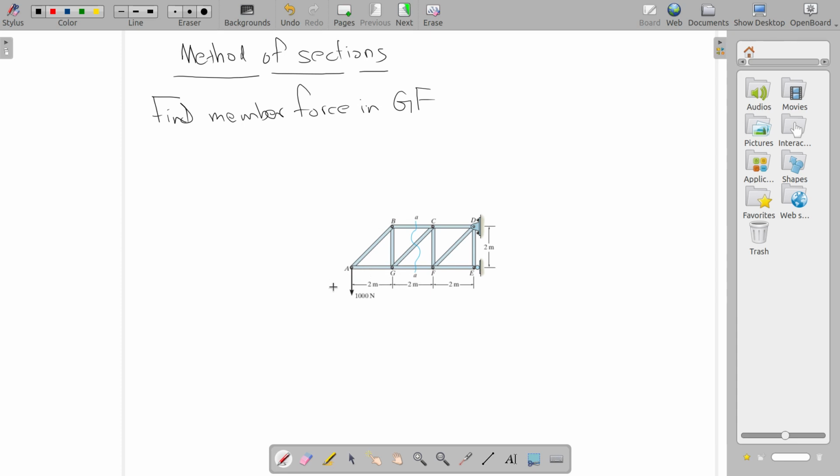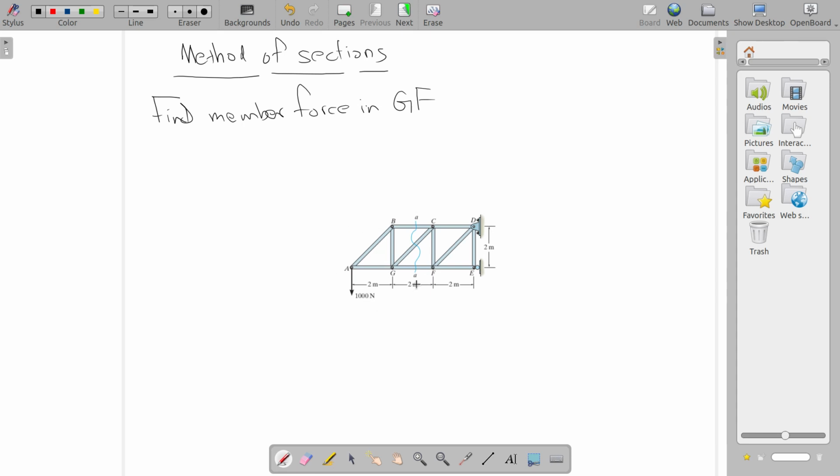If a whole structure is in equilibrium, each part of the structure should also be in equilibrium, if we section the structure in such a way that we also consider the internal forces where we section. So the idea here is that earlier we used to consider equilibrium of each joint. Now we will consider equilibrium of part of a structure.